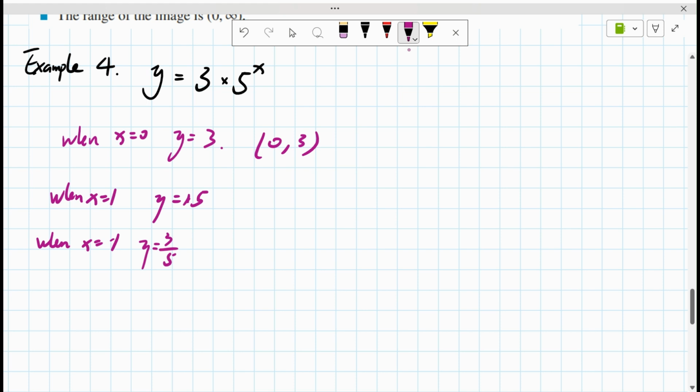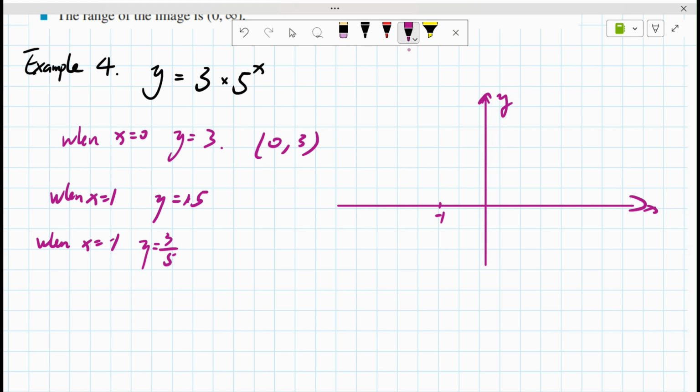So our diagram will look like y and x, from negative 1, 3 over 5, and then 0, 3, and 1, 15, which is in here.